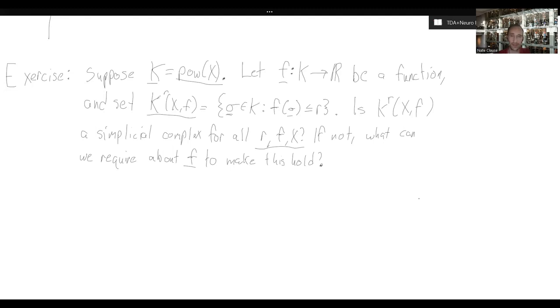I'll say that there's a fairly straightforward condition that we can place on f such that this K superscript r of X, f as defined is always a simplicial complex, and this is another common way to define a sublevel set complex in practice.